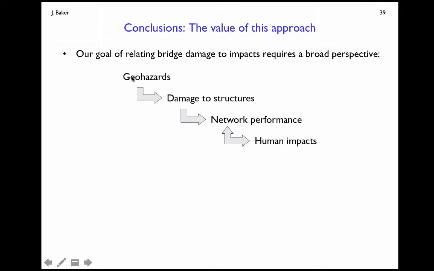Utilizing that model for those geohazards, we can then predict damage to the structures, but we don't want to stop there. Let's take that damage to the structures, push it into an analysis of network performance, and say how does those structures being damaged influence network performance, and that ultimately influences the humans that try to use that network.